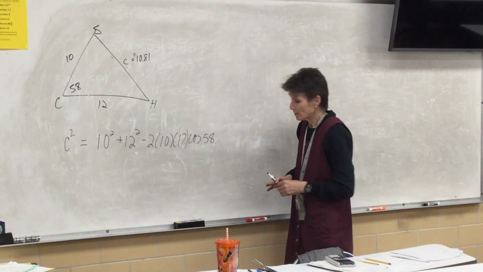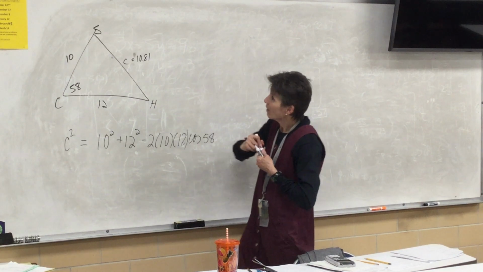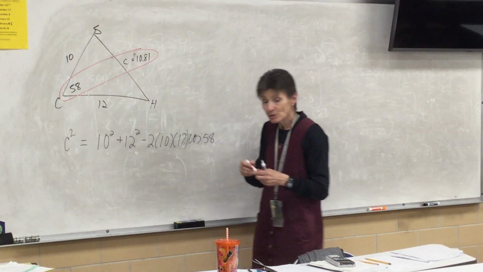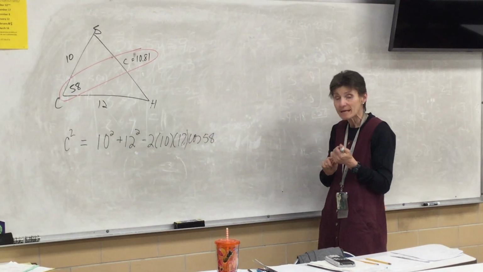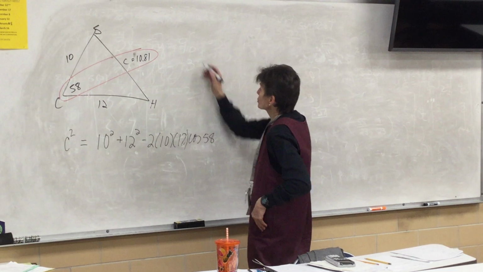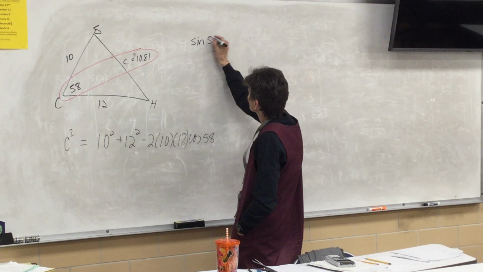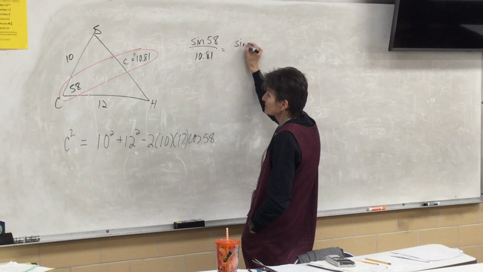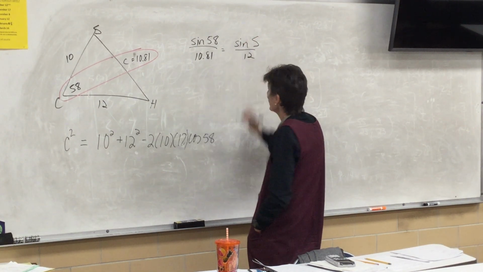Now look at what you have. Now you have this match set. Now you have an angle and its side. So now we can do the law of sines. So we can say sine 58 over 10.81 equals sine s over 12.